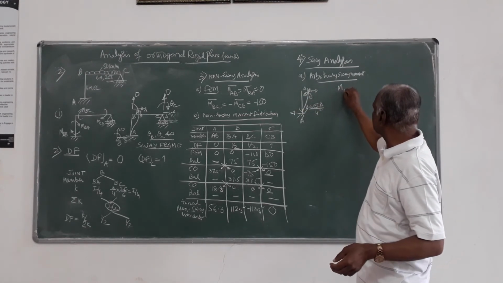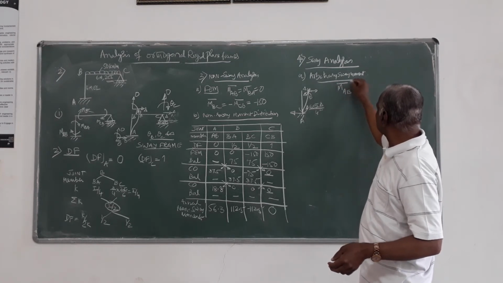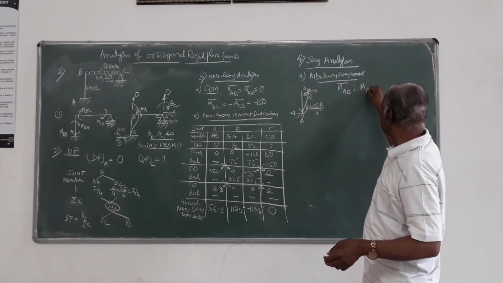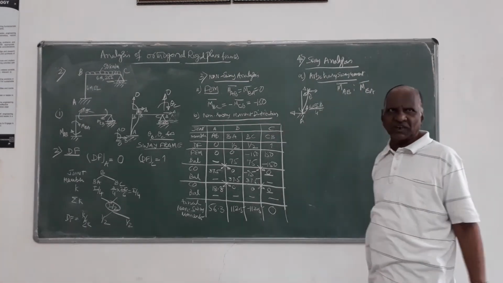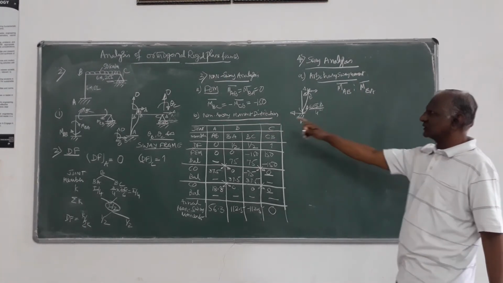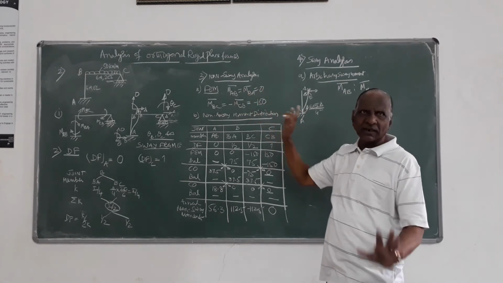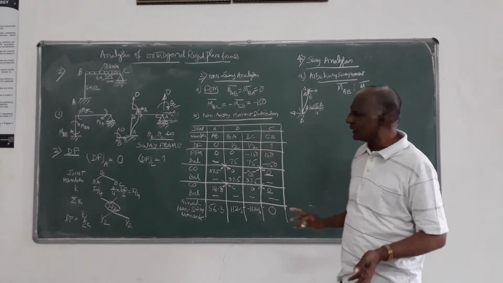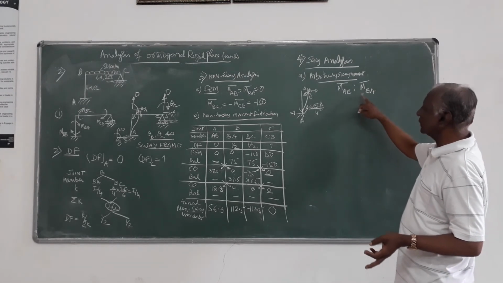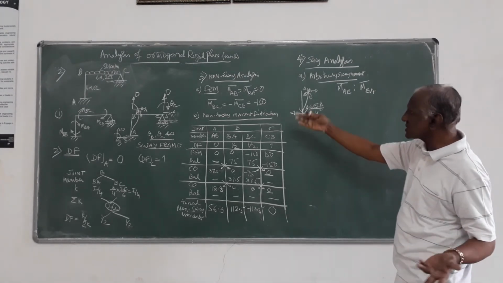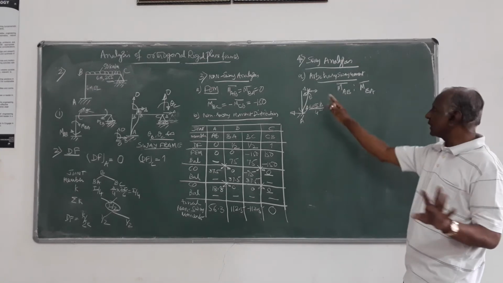So you have MAB bar, we will take the relative value only because it is arbitrary sway. We take the relative value similar to the fixed end moment. Relative sway moment developed at the two ends, MAB bar is to MBA bar, and there is no other member which undergoes sway.